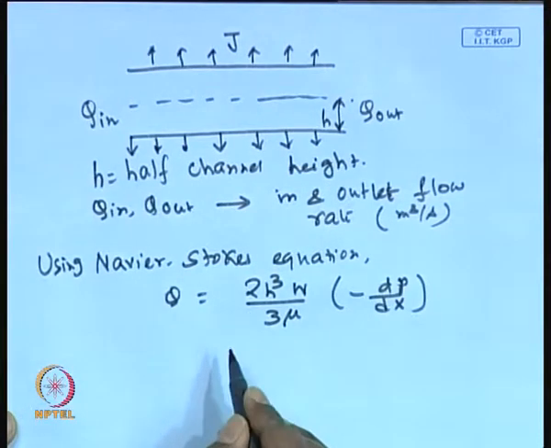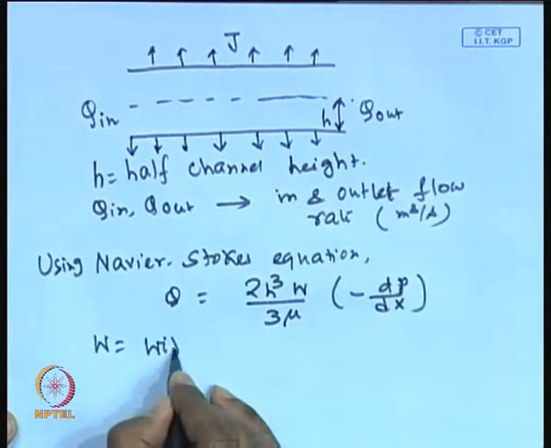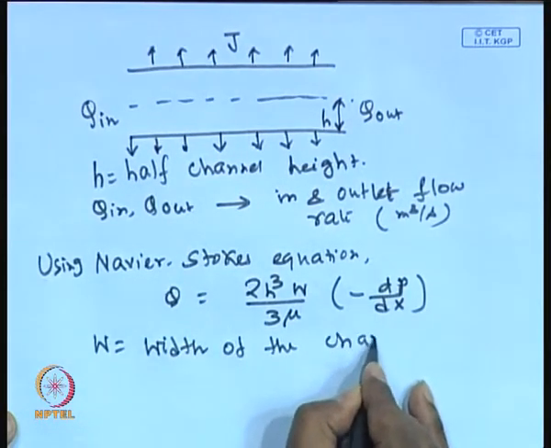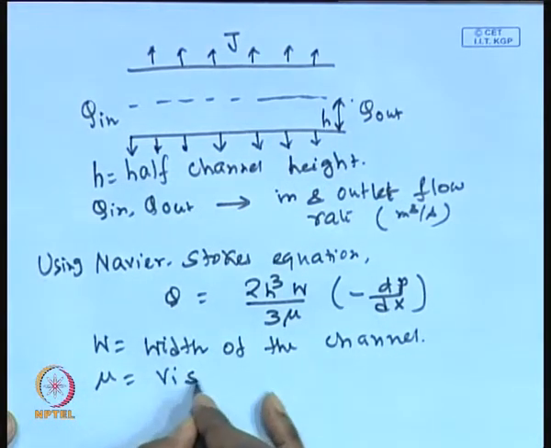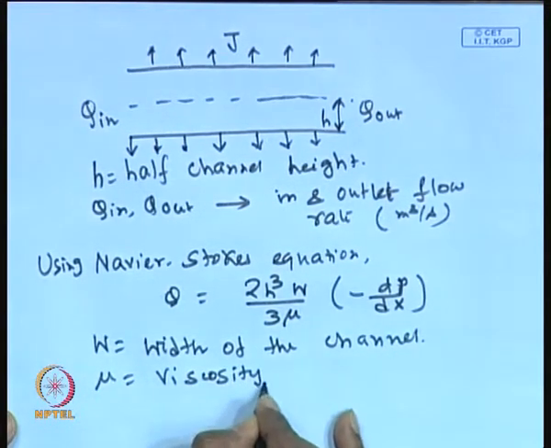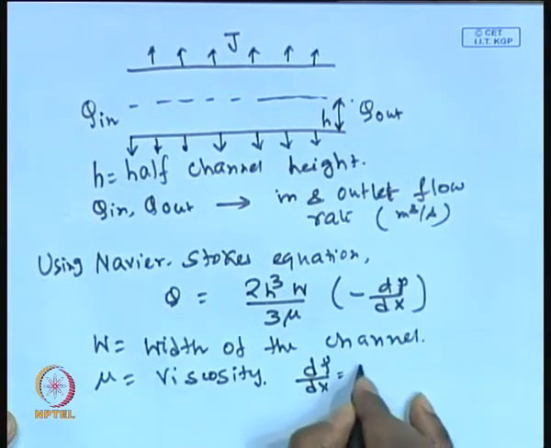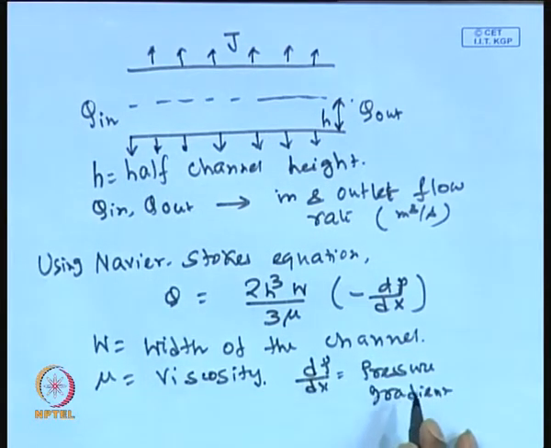If you solve the equation of motion, this is the flow rate, where w is the width of the channel and mu is the viscosity of the fluid, dp dx is the pressure gradient. This is the absolute pressure that is present in the channel.